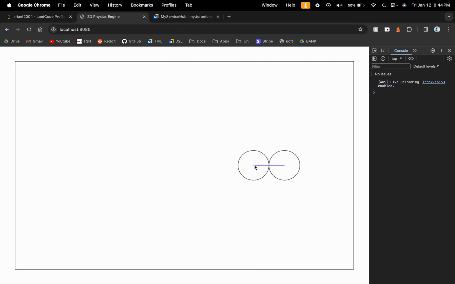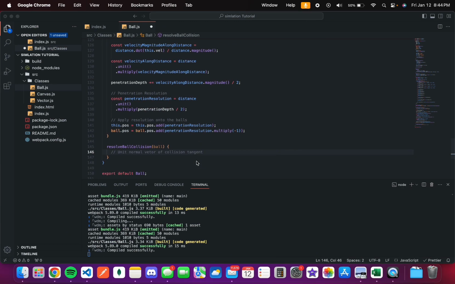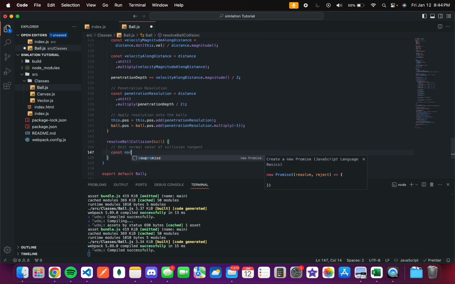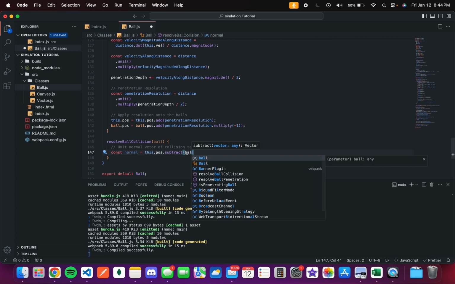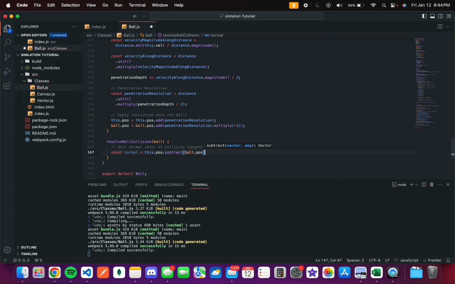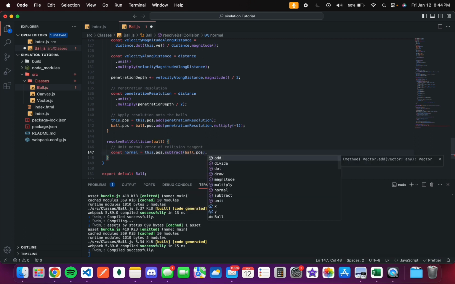So as you can see over here, these two balls have a line, just a normal at the center here, like that. So the normal will be this dot position dot subtract ball dot position, and then dot unit.